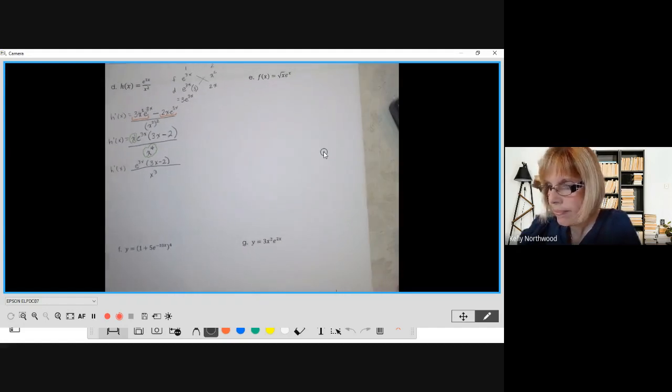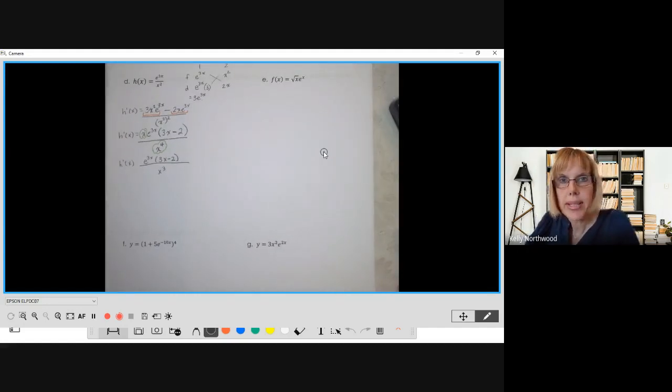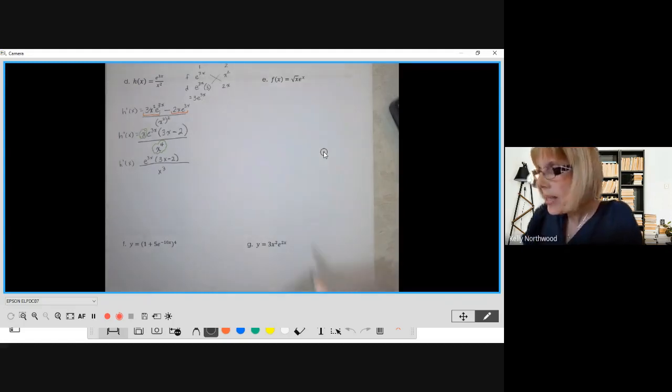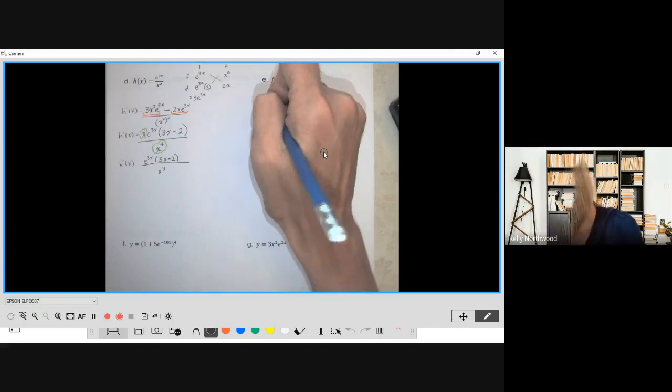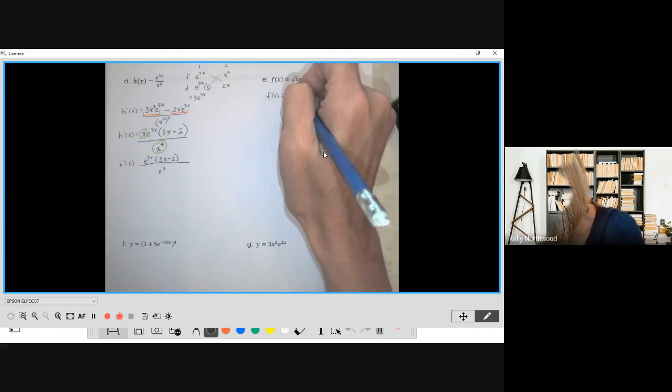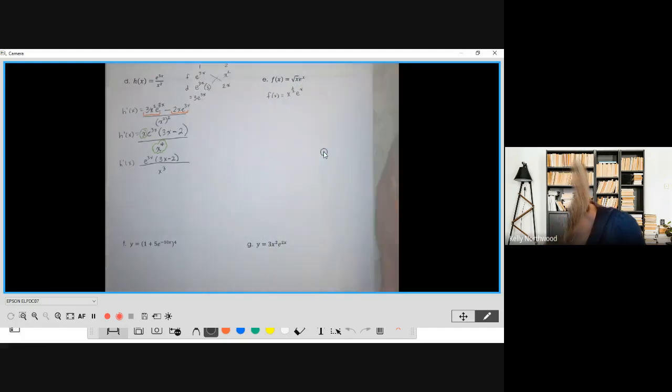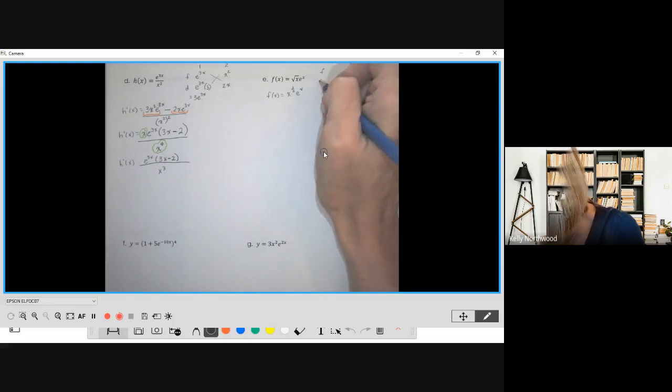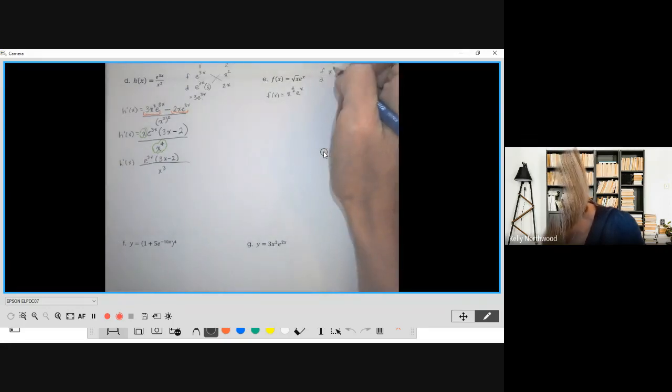Awesome. Okay, so now we've got f of x is equal to the square root of x times e to the x. So I know that that's the product rule, but I'm going to first rewrite root x as x to the 1/2. Make my chart. So x to the 1/2 is my first, and e to the x is my second. 1/2 x to the negative half, and just e to the x again.